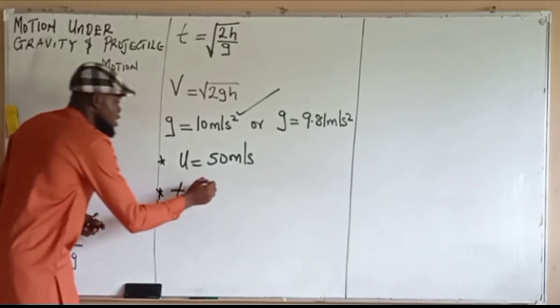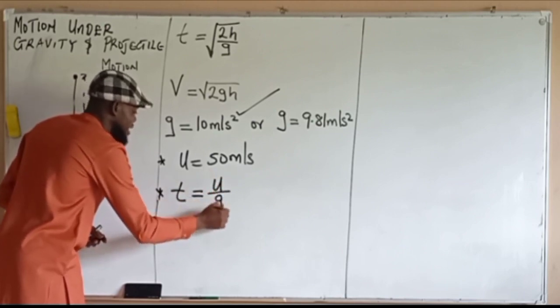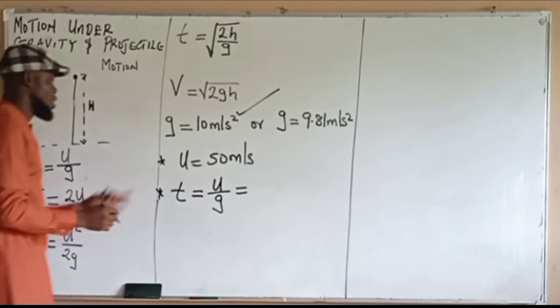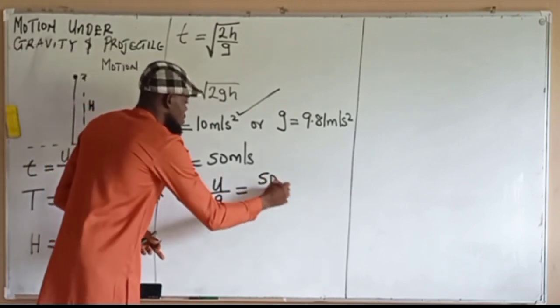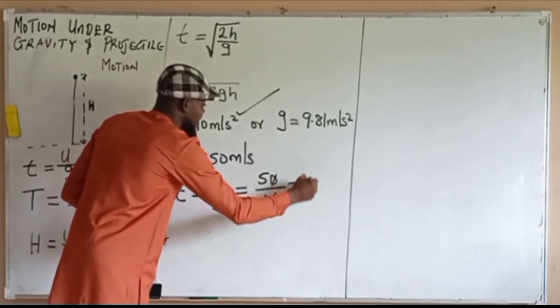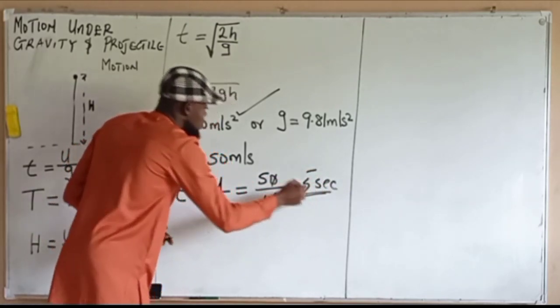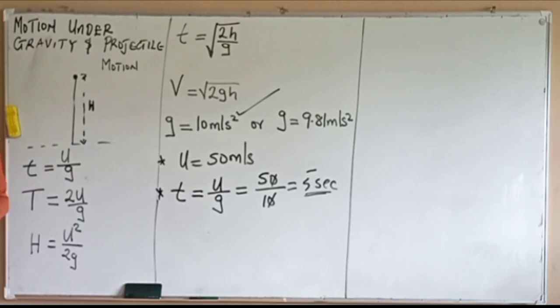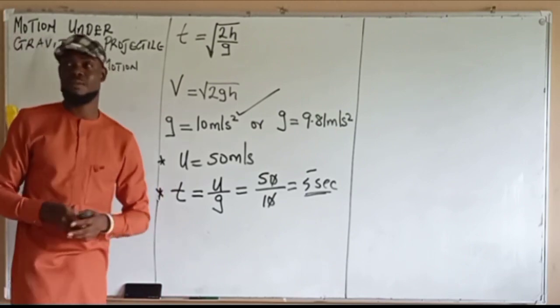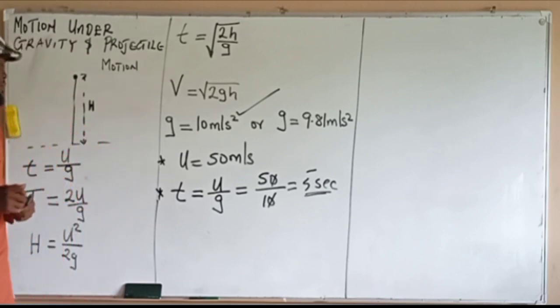That time is u over g. With velocity 50, and taking g as 10, divided by 10, you are going to have 5 seconds. So the stone attains its maximum height in 5 seconds.